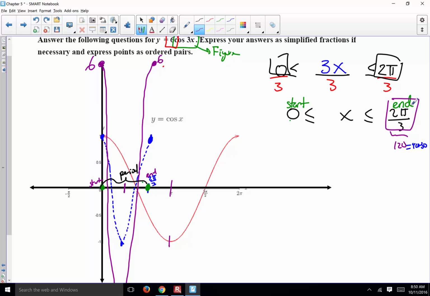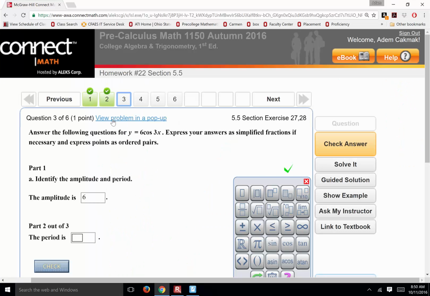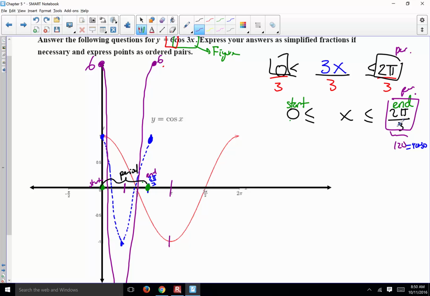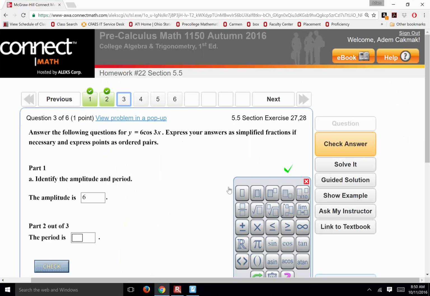It's this number, which used to be the period. Now this is the new period, 2 pi over 3. You always divide 2 pi by b. b is 3 here, so this is 2 pi over 3.